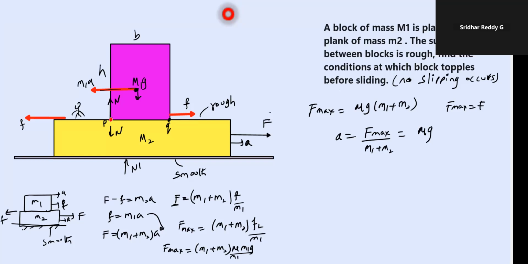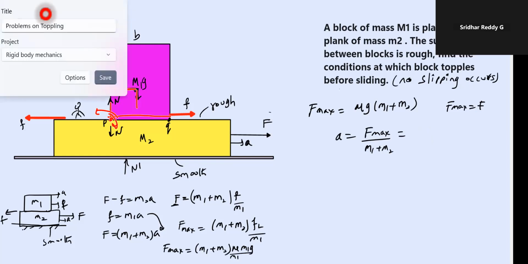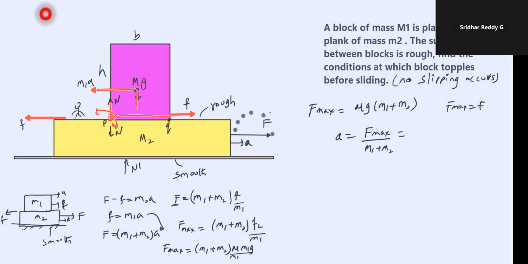Talk about normal contact. The friction will intersect the axis of rotation, and the normal reaction will also intersect the axis of rotation. Consider the torque due to the pseudo force and the weight. Torque due to the pseudo force will be anti-clockwise, and torque due to the weight will be clockwise. Okay, fine.